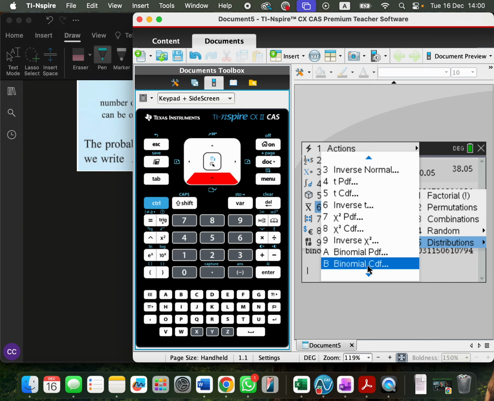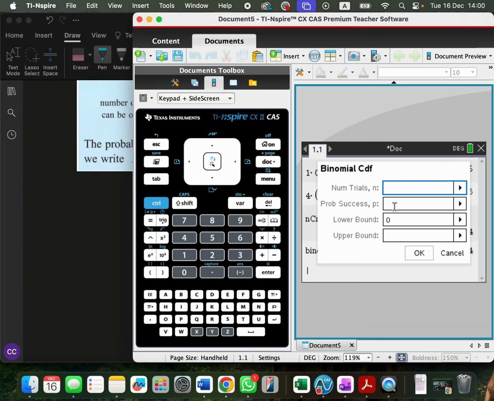that says binomial CDF, cumulative density function, which allows us to figure out the probability of success. So the probability of success is 0.537. My lower bound I want to be 94. My upper bound, technically it's infinity, so I'm just going to do 161.